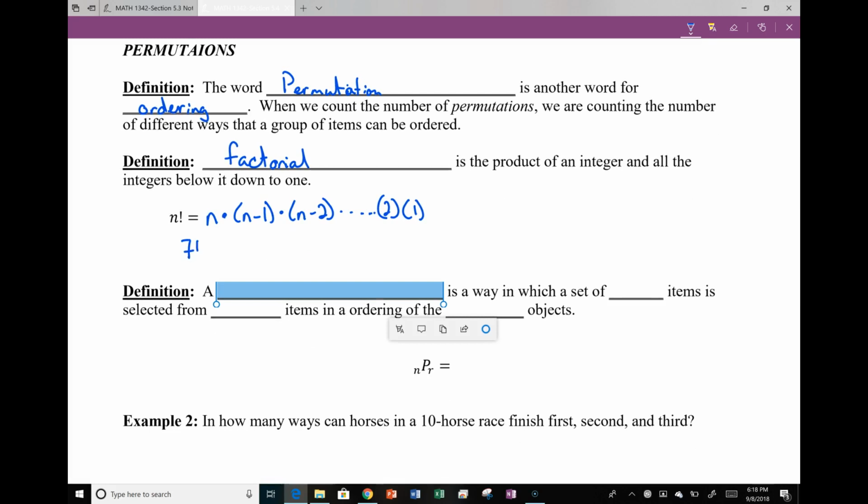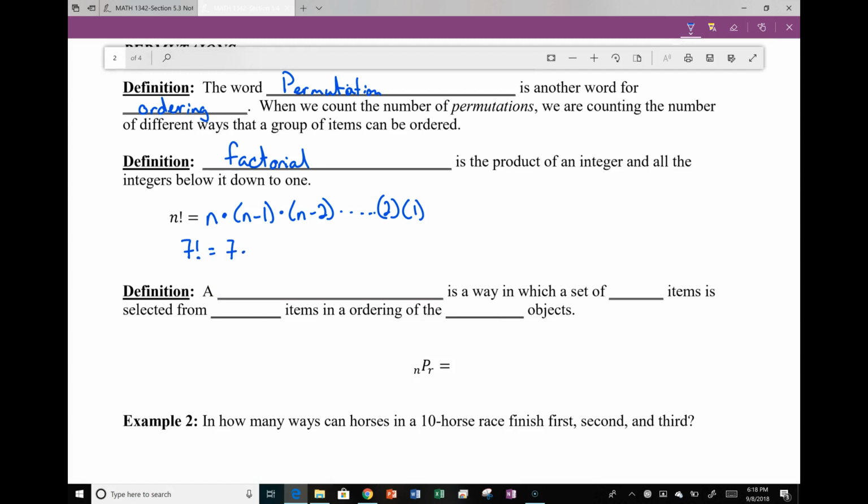If I want to do 7 factorial, well, I start with the 7, and then I look at the number below it, 6. I look at that number below it, which is 5, and I keep going until I reach 1. I multiply all of these together, so 7 factorial is 5,040.